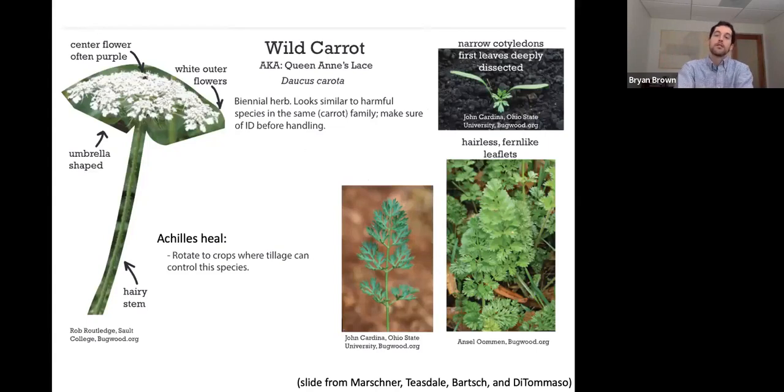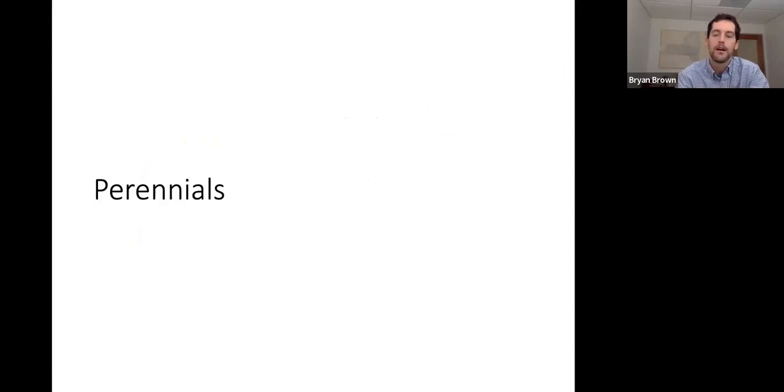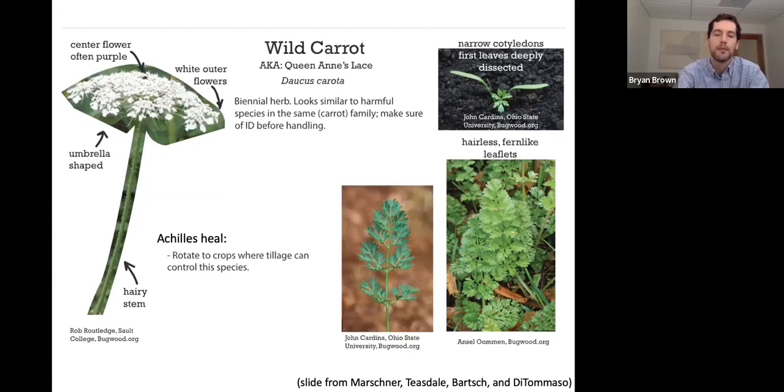Okay, wild carrot looks somewhat similar. It's in the same family as giant hogweed and wild parsnip, which you need to be careful about if you're going to be touching. Both can burn you, but wild carrot does not burn. It can be problematic in livestock situations.